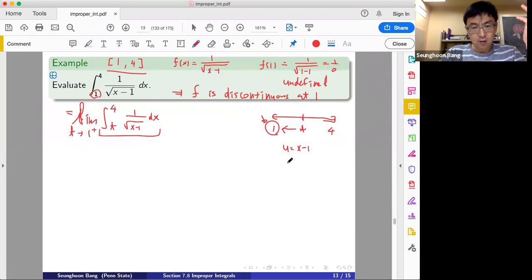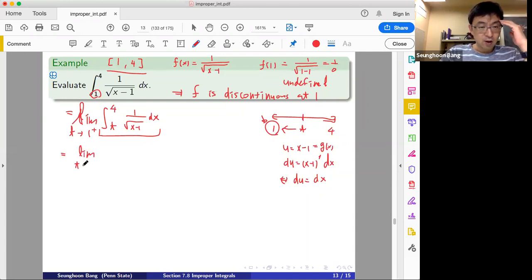What's du? du is the derivative of x minus 1 times dx, so du equals dx. We keep the limit as t approaches 1 from the right.